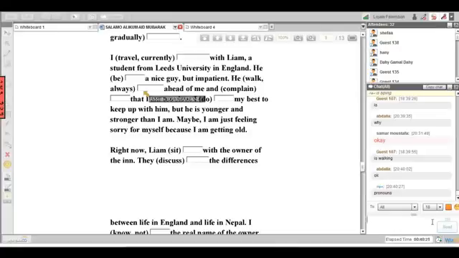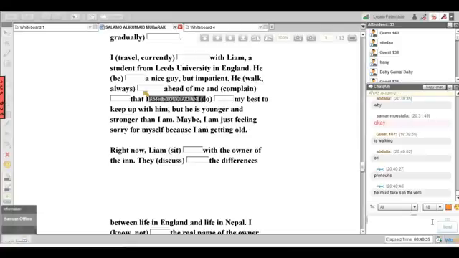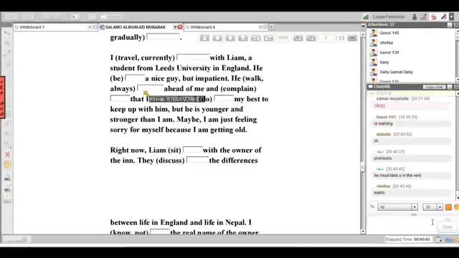Go back to our exercise. A student from Leeds University in England. He, the verb to be, a nice guy. Rehab Jaballah, he is. Yes, he is a nice guy. Samar Mustafa, he is. Great, this is the right answer. He is a nice guy, but impatient. He always walks ahead of me.